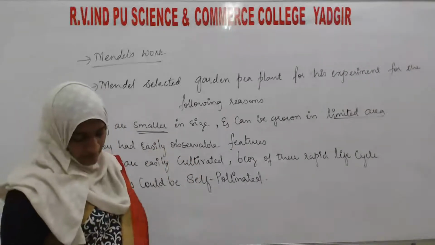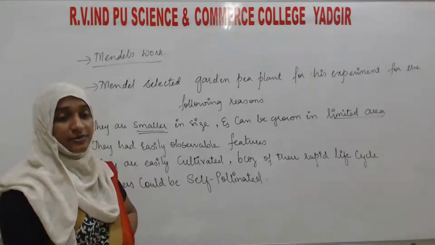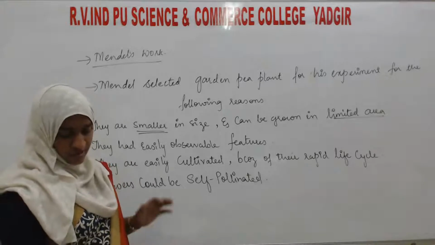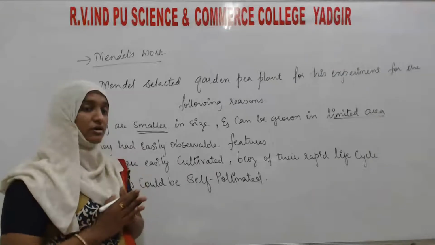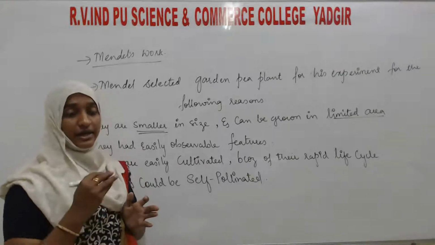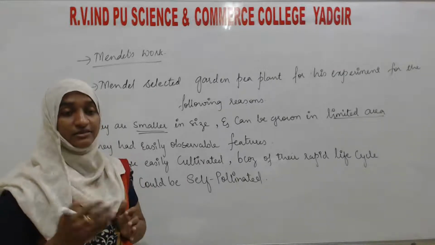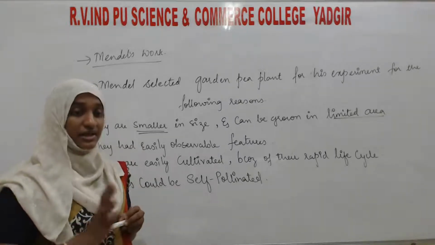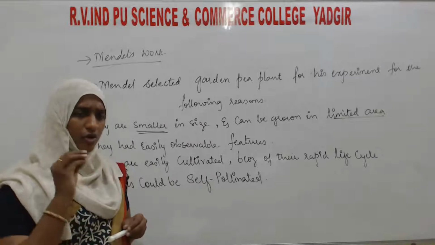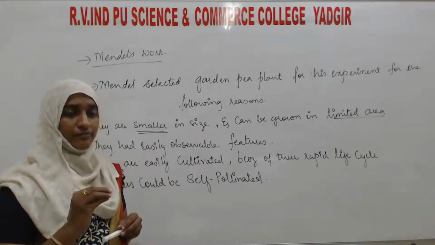Then Mendel conducted his experiments using a good scientific method. Using the best scientific method, he started his experiments. So he controlled his experimental conditions carefully, with all care and all restrictions.